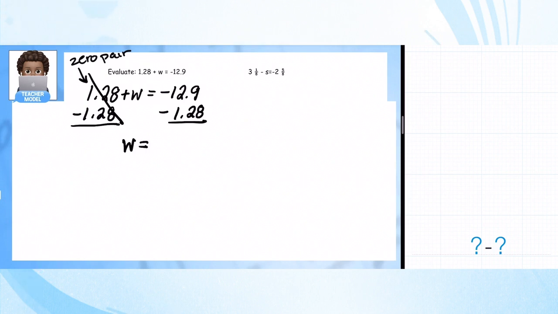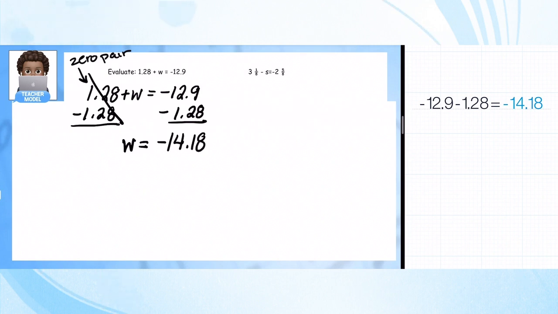And on the right, we have to evaluate this. What is 12 9/10 minus 1 2800ths? So I'm going to use my calculator for this. 12 9/10 minus 1 2800ths. And that's going to give us negative 14 1800ths.